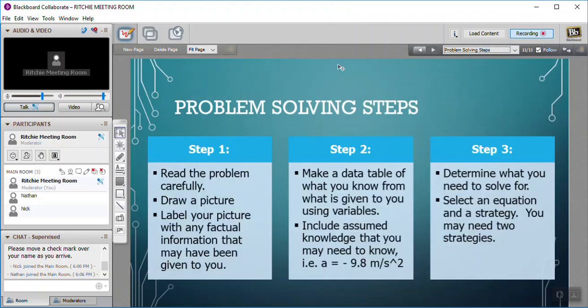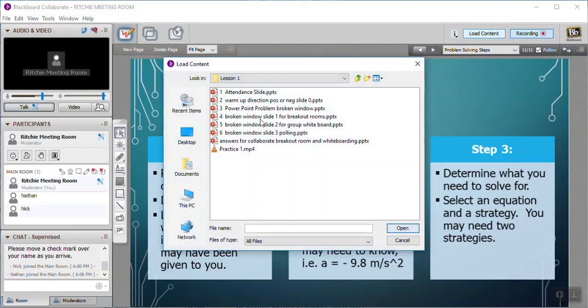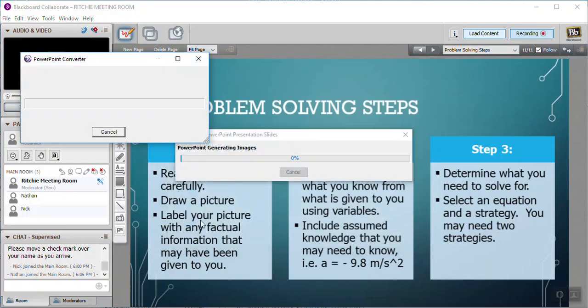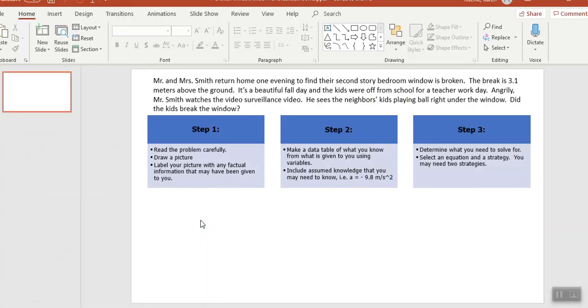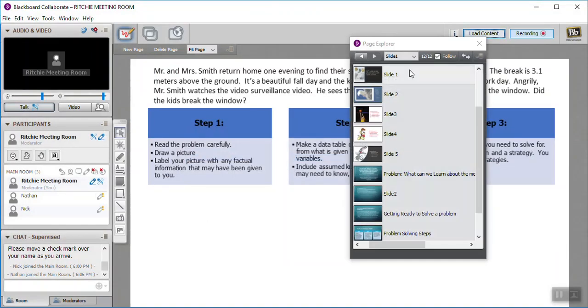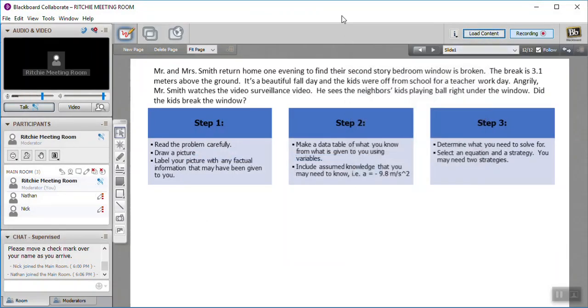So when we do problems, we're hopefully going to follow this three-step procedure that we've been following. Your page is going to look like this. So here's your problem. You're going to see this when you go into your breakout rooms.